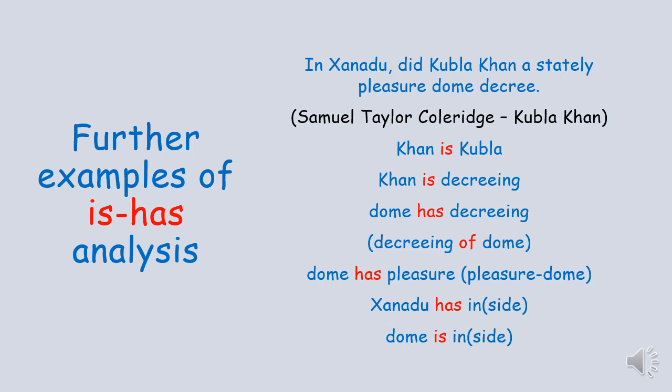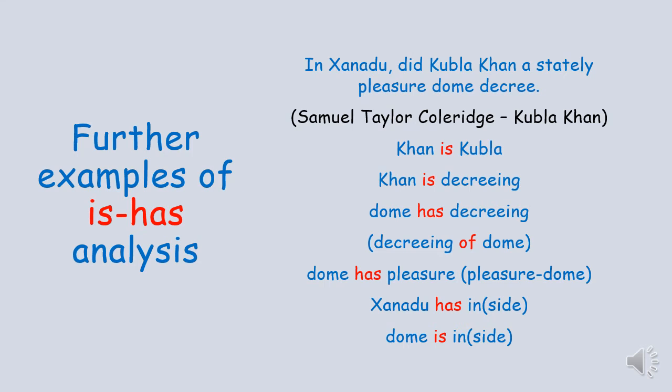And here we have a final example, which is in fact the first line of the poem Kubla Khan by Samuel Taylor Coleridge. In Xanadu did Kubla Khan a stately pleasure dome decree.